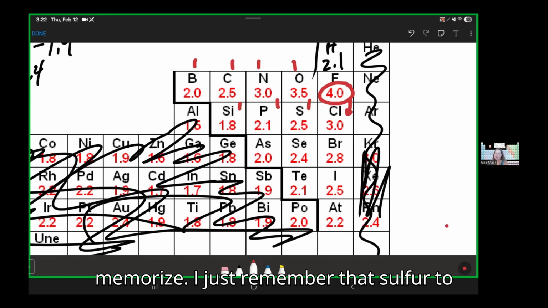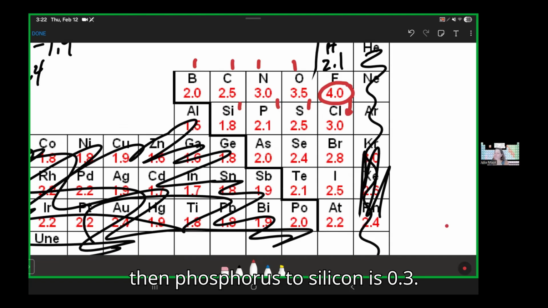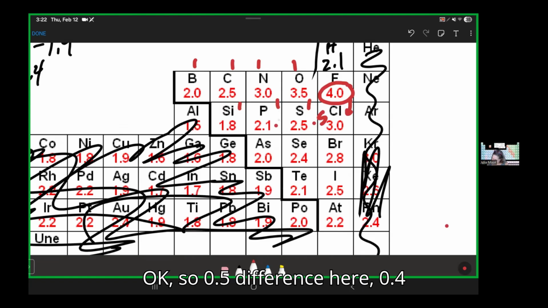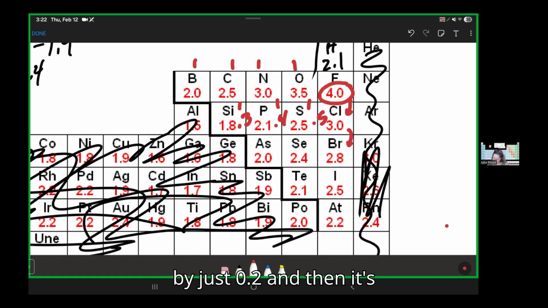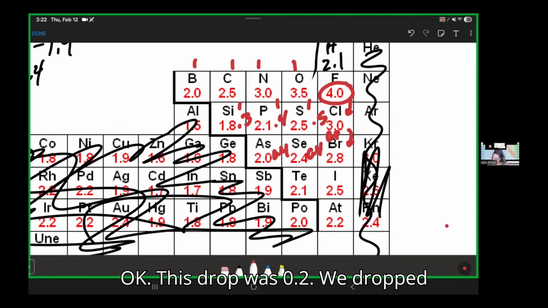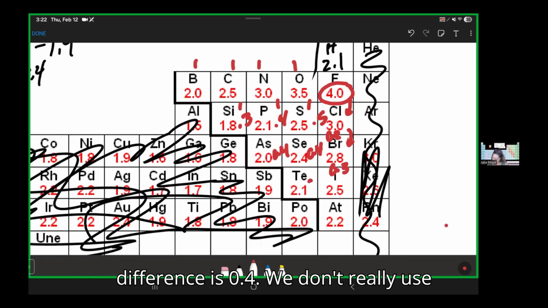I just remember that sulfur to phosphorus is not quite, it's 0.4, and then phosphorus to silicon is 0.3. So 0.5 difference here, 0.4 difference here, 0.3 difference here. And then we drop down by just 0.2, and then it's a difference of 0.4 and 0.4. This drop was 0.2. We dropped by 0.2, 0.3 here, and then that difference is 0.4.